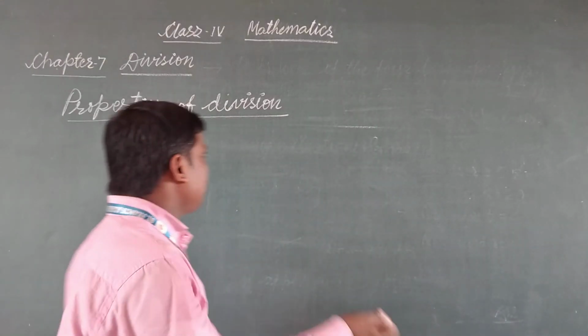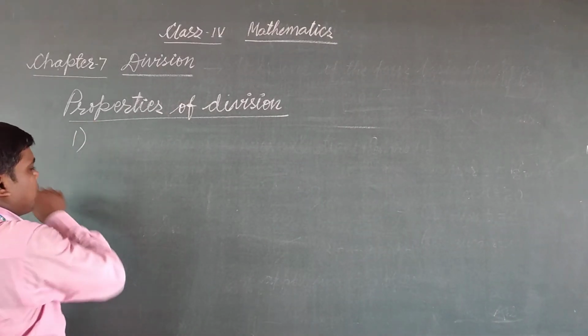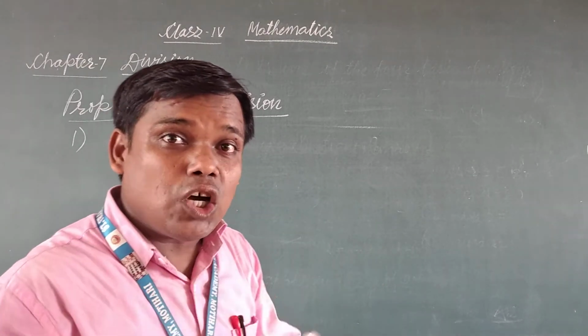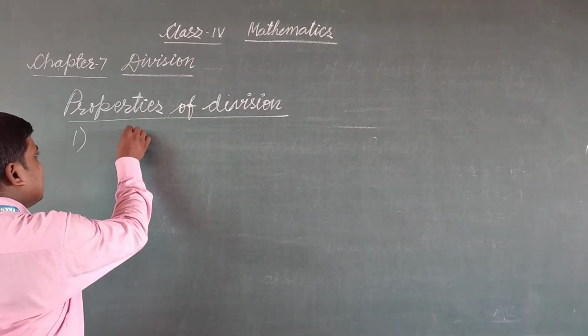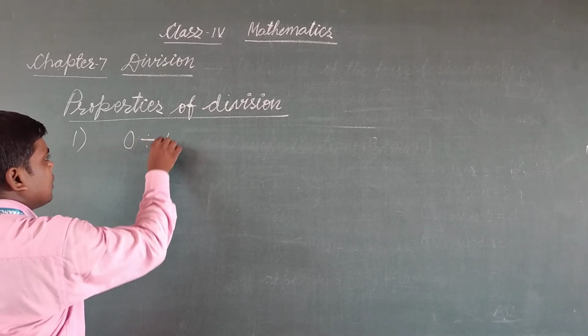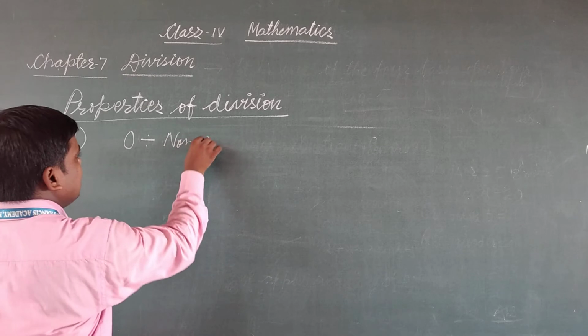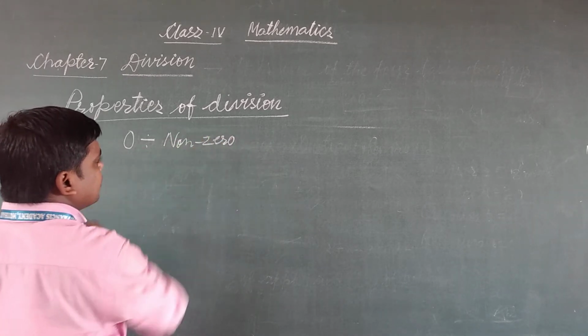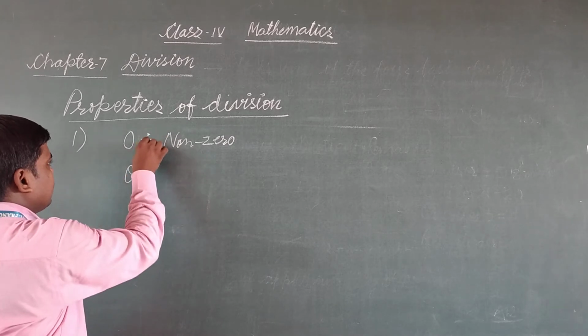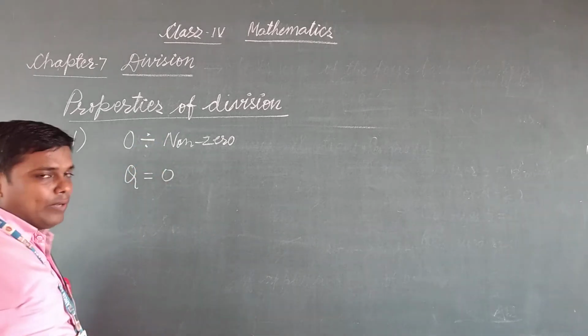As for example, the first property: dividend is 0 and divisor is non-zero, then the quotient is equal to 0 always.